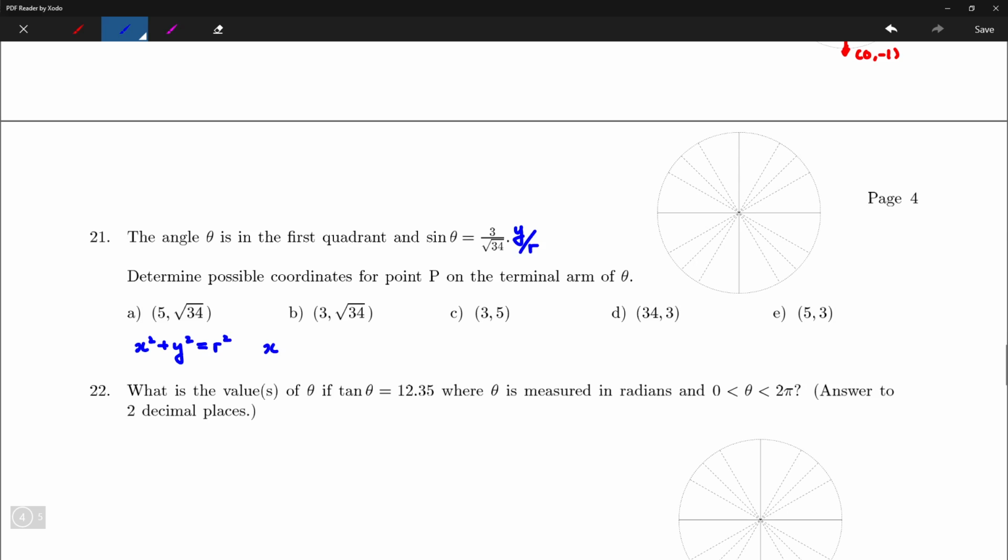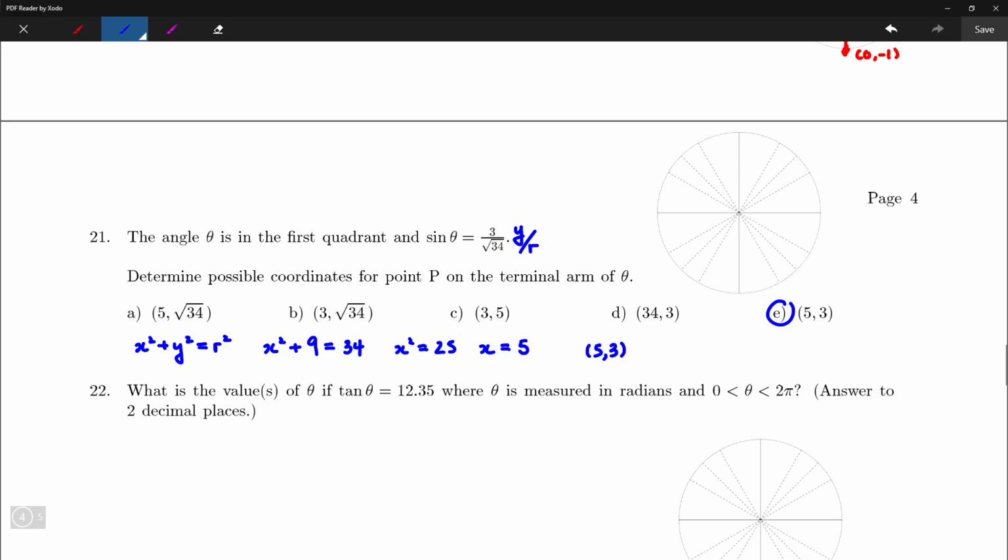So x squared plus 3 squared is 9, and the square root of 34 squared is 34. So that means x squared is equal to 25. That means x is equal to just positive 5 in this case, because the angle is in quadrant 1. That means the x coordinate is 5, and the y coordinate is still 3 from before. So the choice is E.